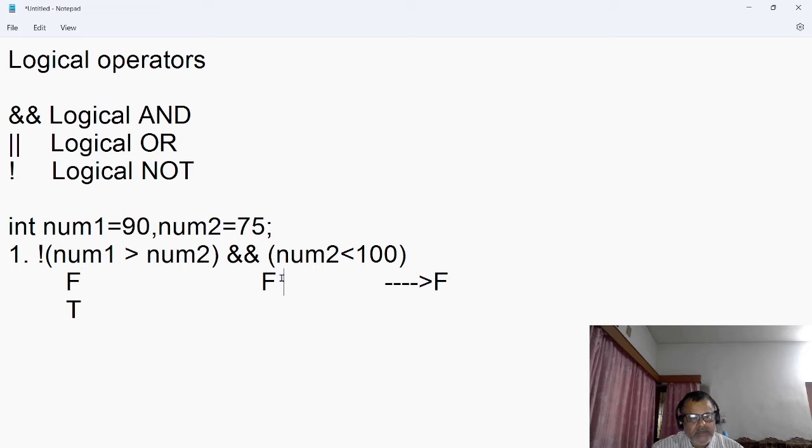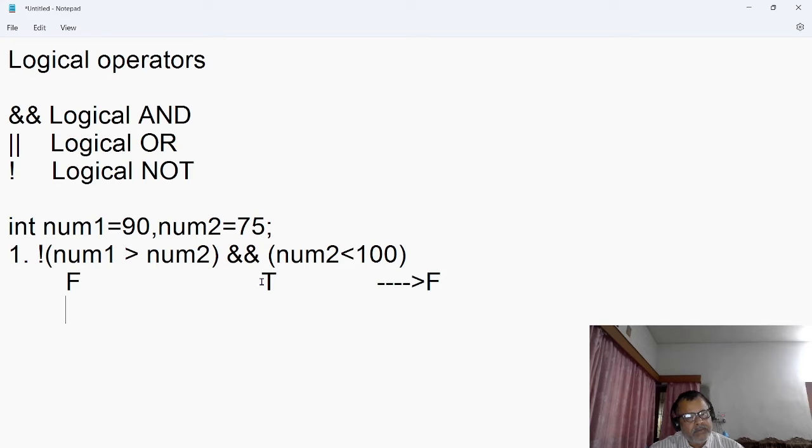But here it is true, because num1 greater than num2 was true, but due to this logical NOT operator, you will get false. It means now the final result will be decided on the basis of this false and true, and you know that if one of the expressions is false, we are going to get false.